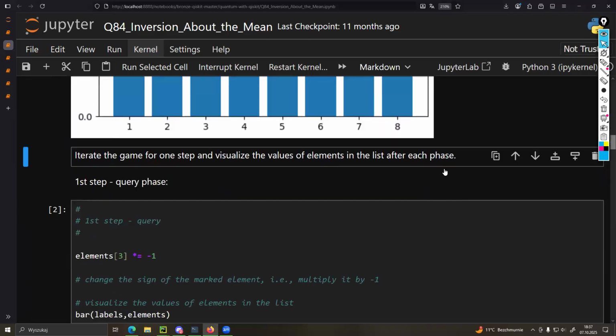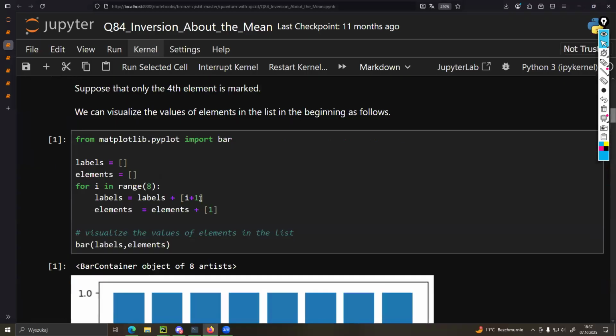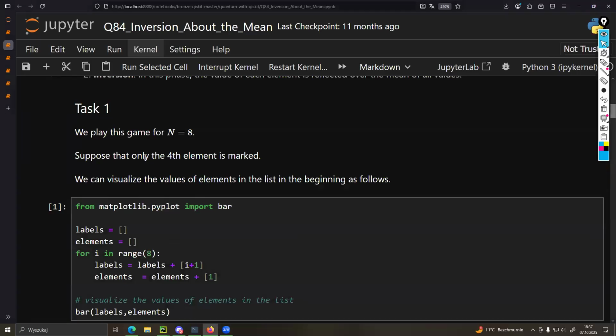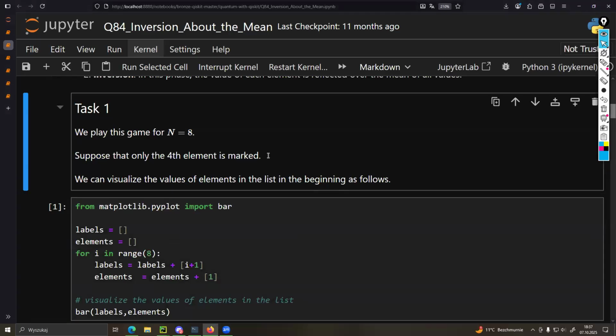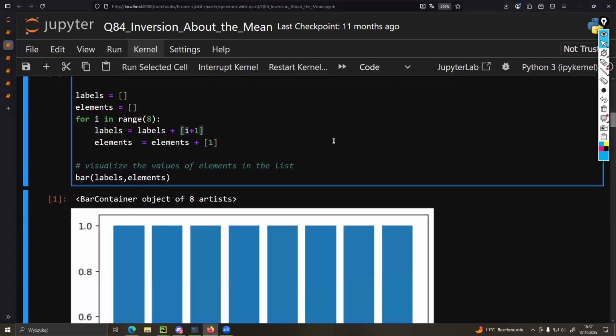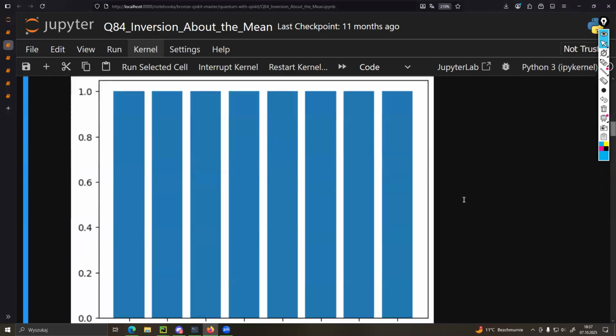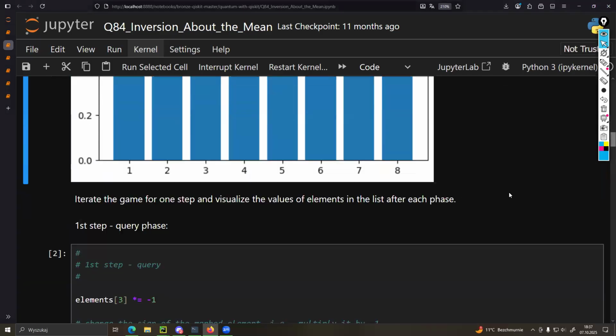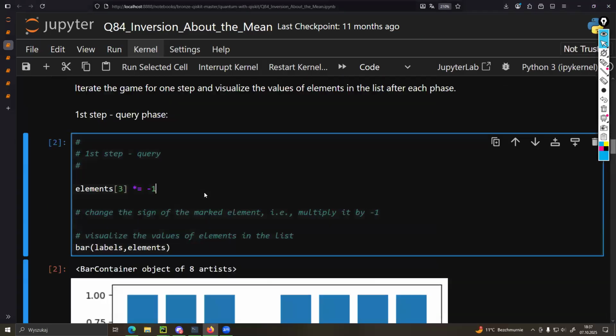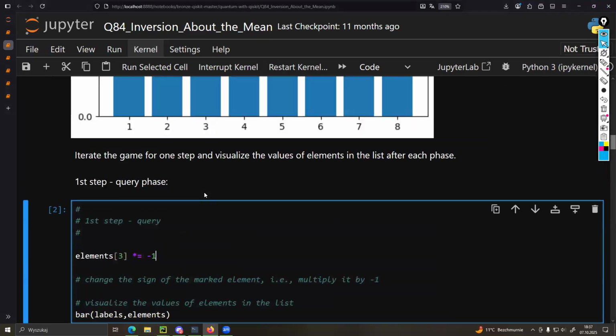So what do we do? Suppose that only our fourth element is marked. So what we could say is that we have equal probability of having each outcome. Then what we usually do is we want to mark something. And how do we mark?